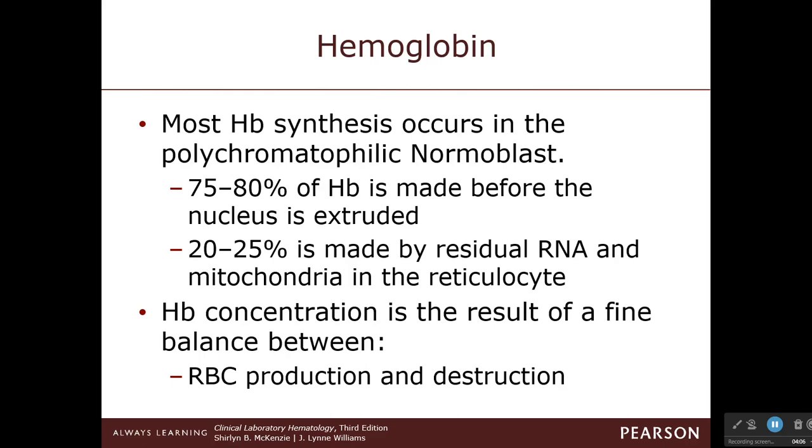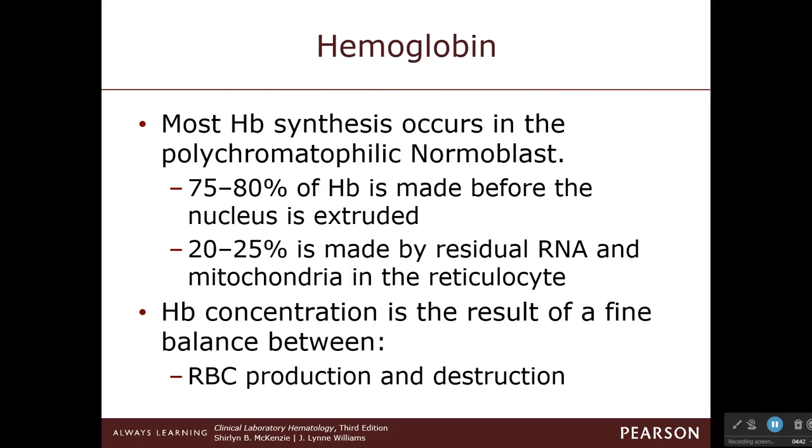Now, there is a little bit that begins at the pronormoblast, which is the rubriblast in my nomenclature. But the problem is it's not enough to detect. That's the reason we get that blue purple staining of the cytoplasm in that blast cell. But by the time we get to the rubricyte, or the polychromatophilic normoblast, you're starting to see some of that grayish looking cytoplasm.